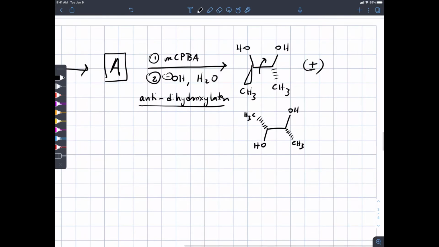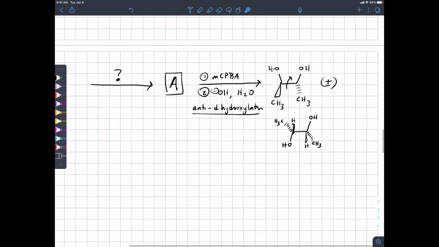So this tells me that when the OHs are anti to each other, the methyl groups are both below the page, right? So now it's easier for me to think one step backwards and say, okay, this would have come from this epoxide.